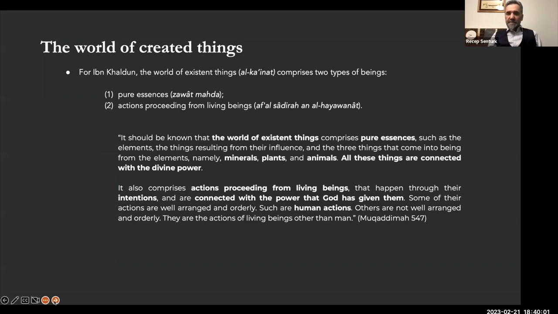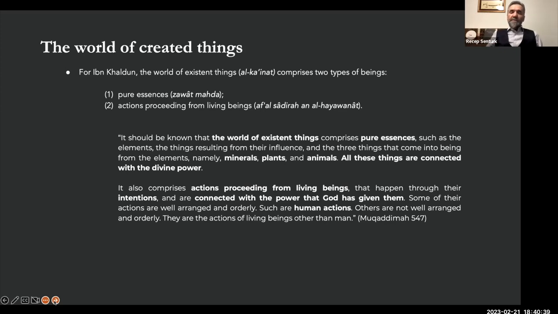First one, pure essences, dhawat mahda, and the second one, actions proceeding from living beings, al-af'al as-sadira an al-hayawanat. So living beings, they act, and through their actions, they produce a reality. So there are two types of existing beings, the pure essences, and then what human beings construct, produce, and build.